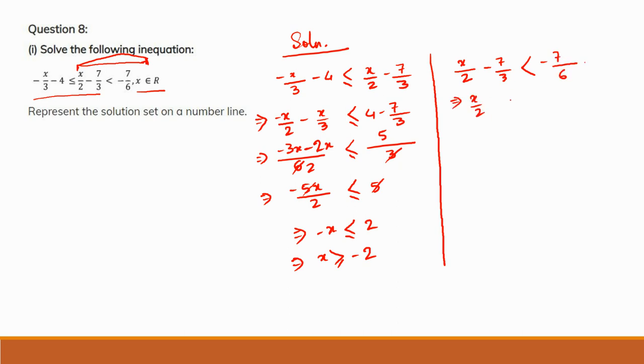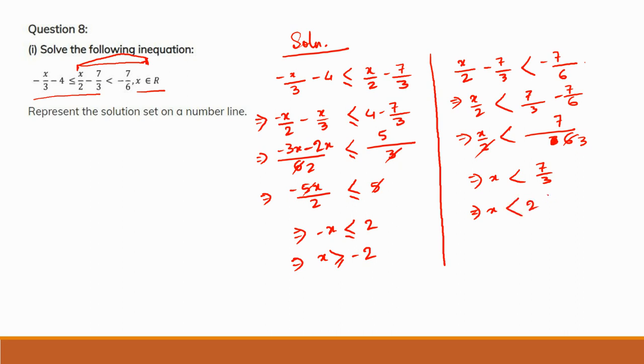From here you get x by 2 less than 7 by 3 minus 7 by 6. So x is less than 7 by 3, or you can also write 2 whole 1 by 3.